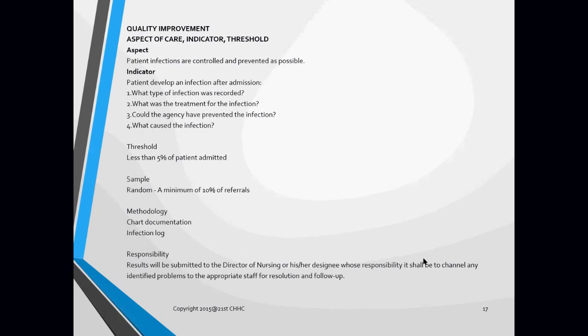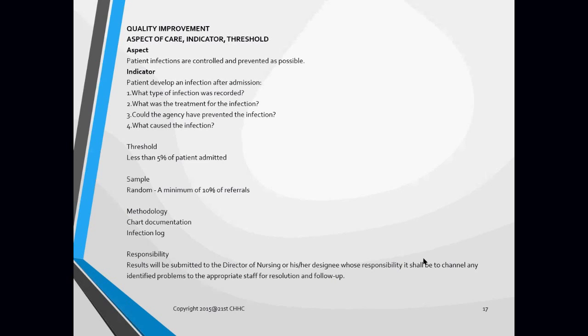The next one, again, just to give you another example, talks about patient infections. We want to make sure they're controlled and prevented as much as possible. So we're going to be looking at patients that develop infections after an admission, and we're going to be looking at what type it is, was there treatment, could the agency have prevented the infection, and what caused the infection.